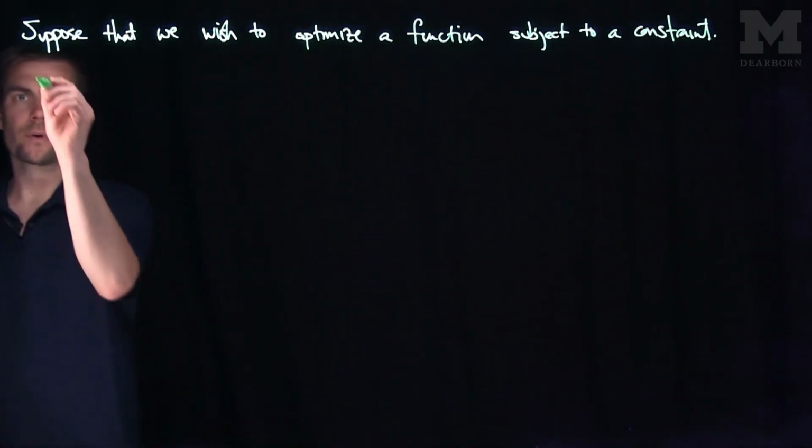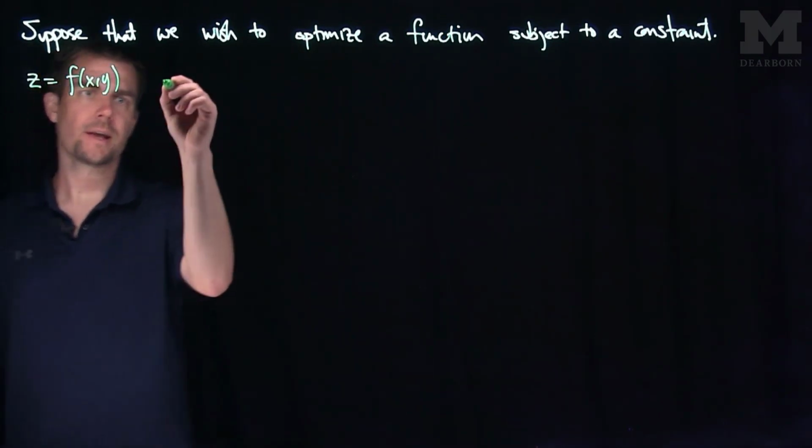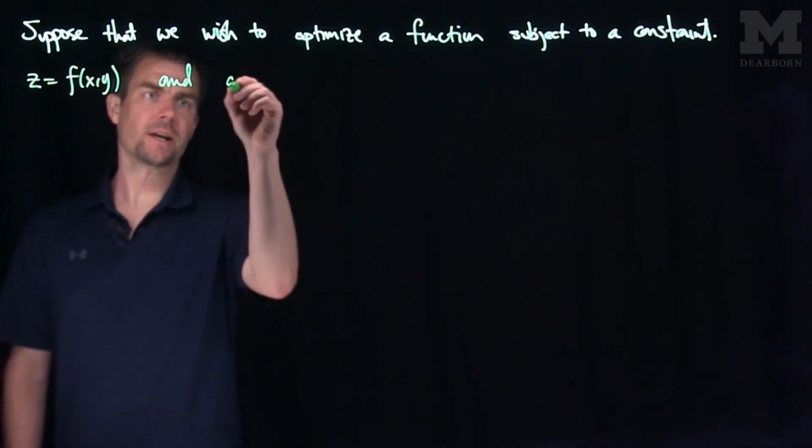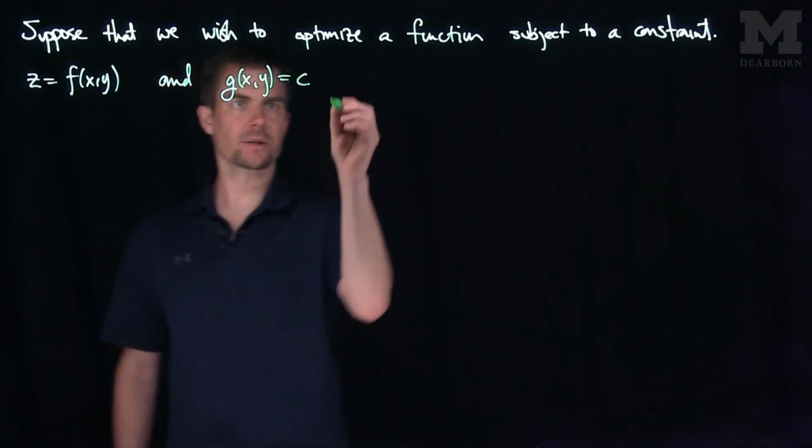More specifically, we're given a function z, which is f of x y, and a curve, which is a constraint, g of x y is equal to c.